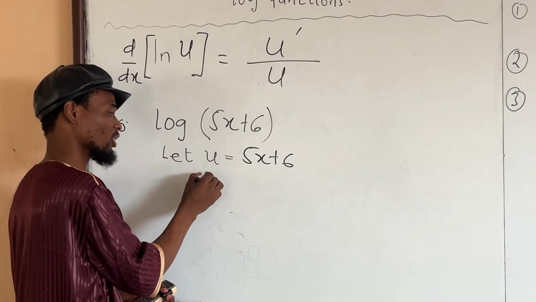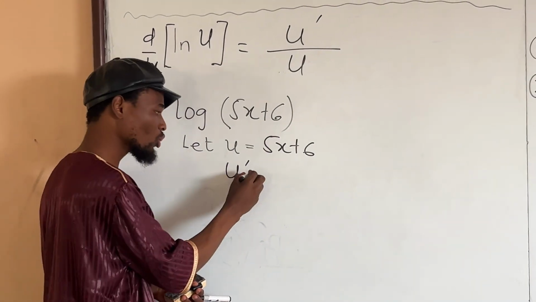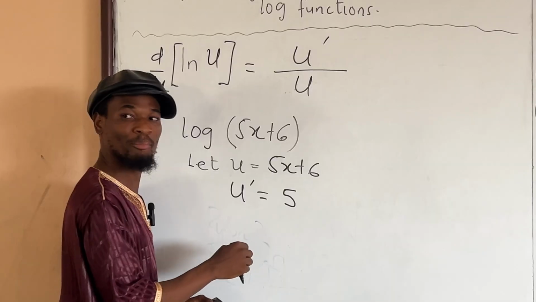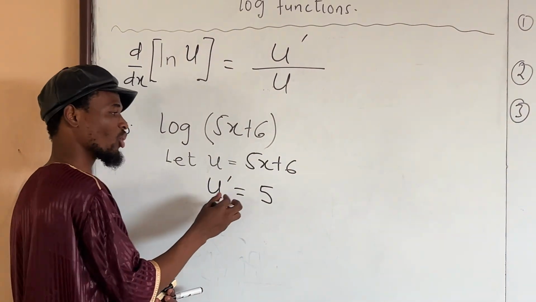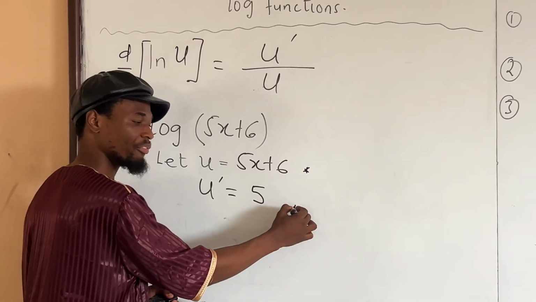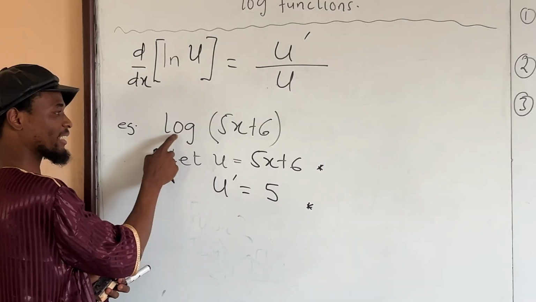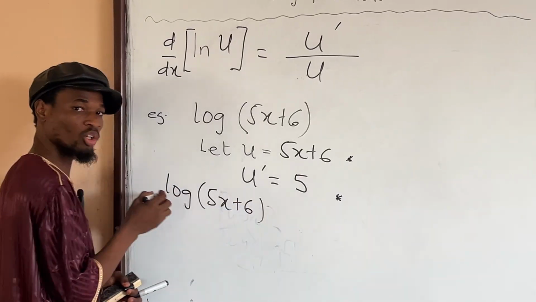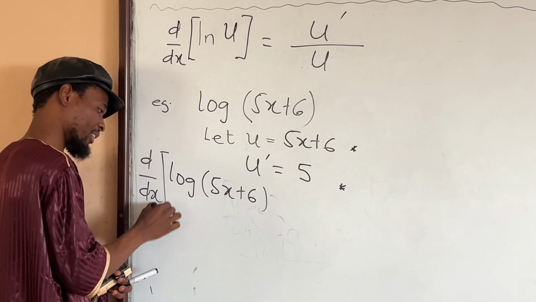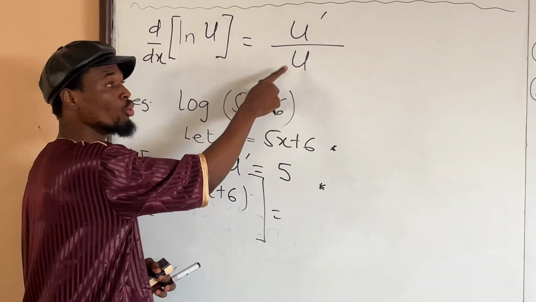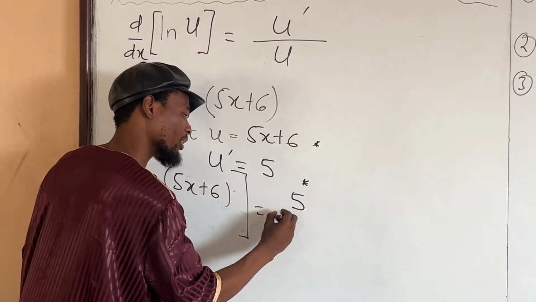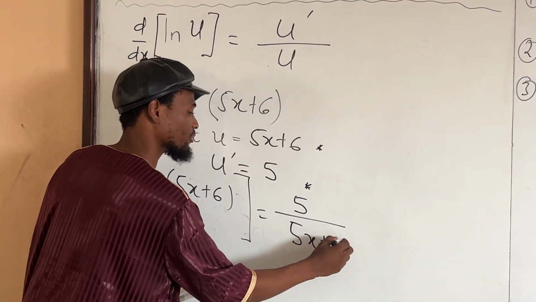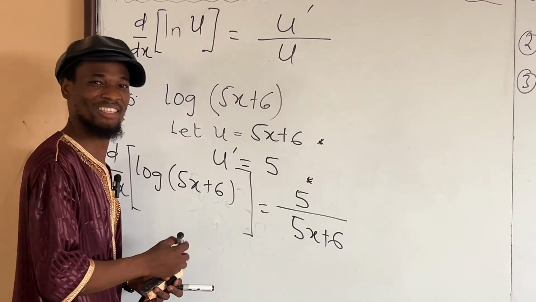So I'll have u prime, the differential of u, which is equal to, when you differentiate 5x, you have 5, and when you differentiate a constant, you simply get 0. So the derivative is u prime, which is 5, all over the function itself, 5x plus 6. As simple as that.